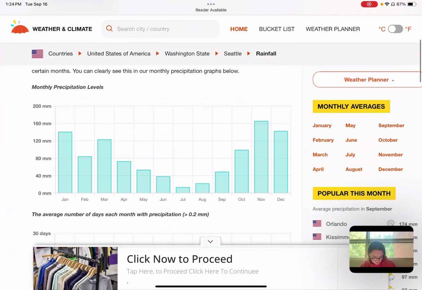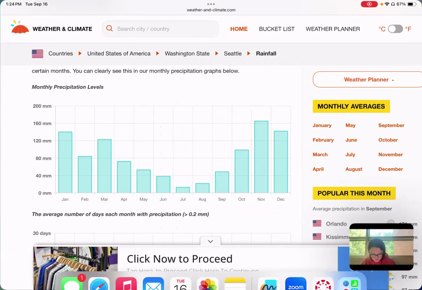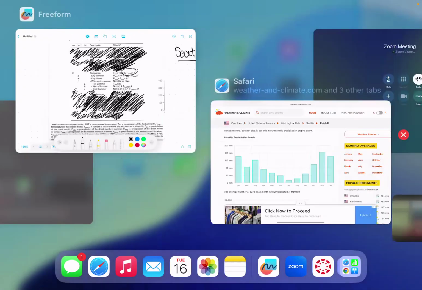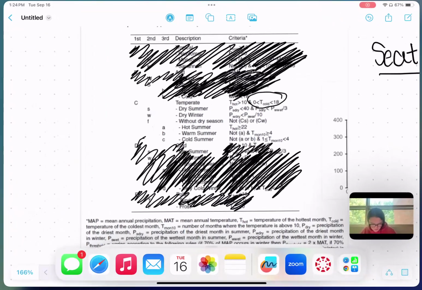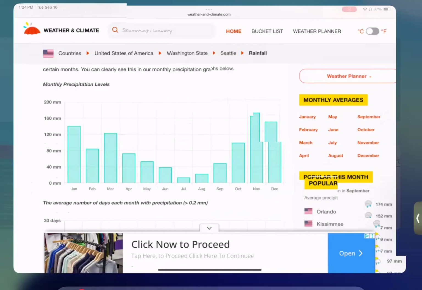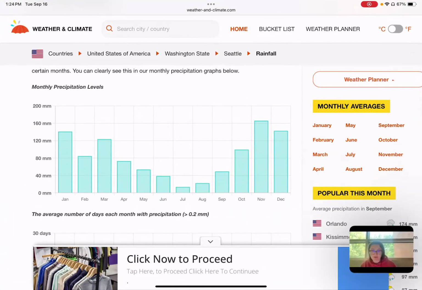Okay, so just to reference back, we are looking to see if PS dry is less than 40. Now here we do see that July is our driest month in the summer, and it's less than 40.